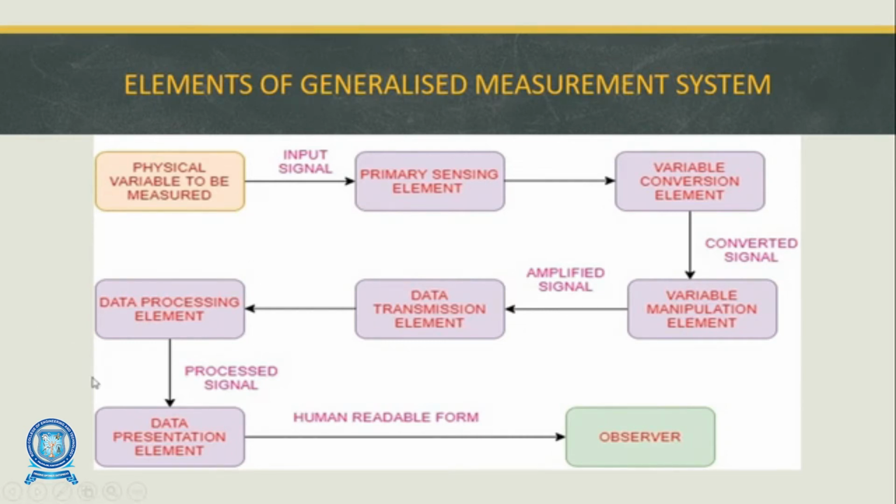It gets the data from the variable to be measured and from the variable manipulation element, which means the higher amplified signal, and processes the signal to release the output.